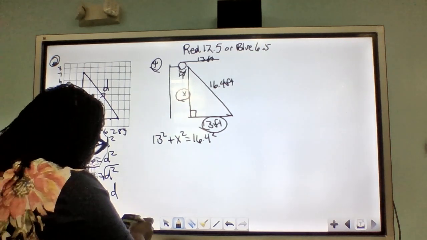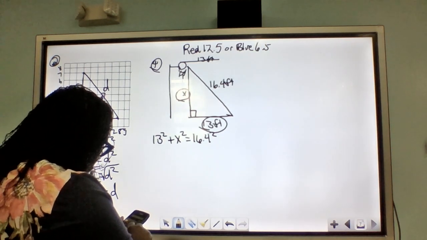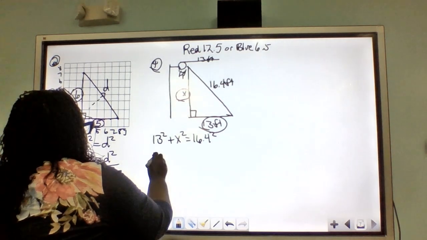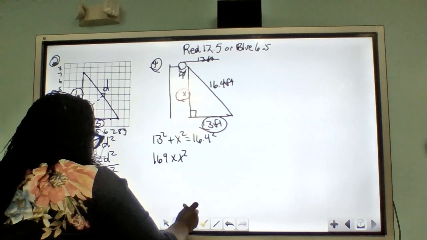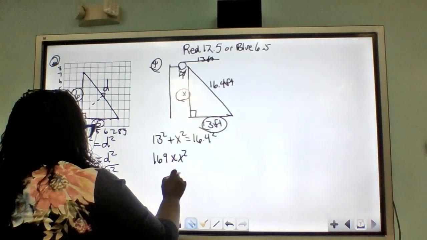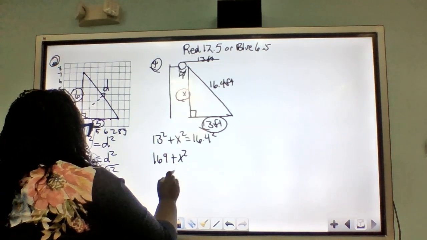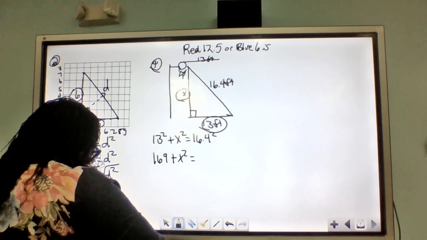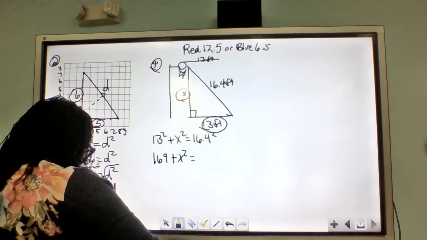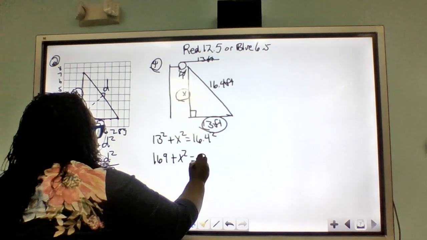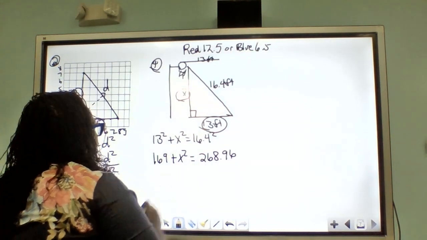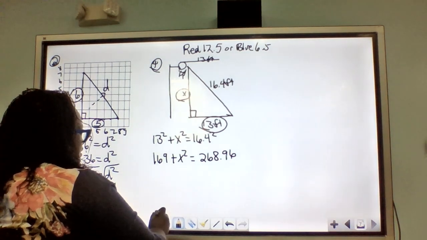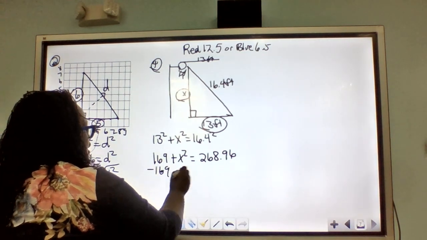Taking your calculator here, 13 squared gives you 169, plus x squared equals, take your 16.4, square it, now you need to isolate x by subtracting 169.